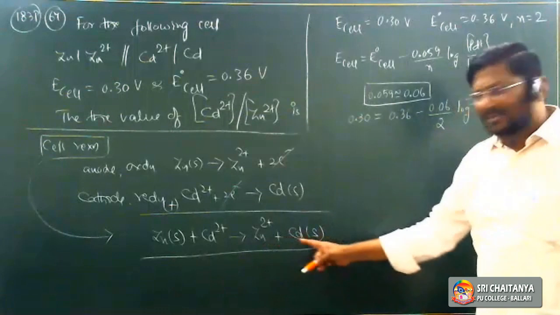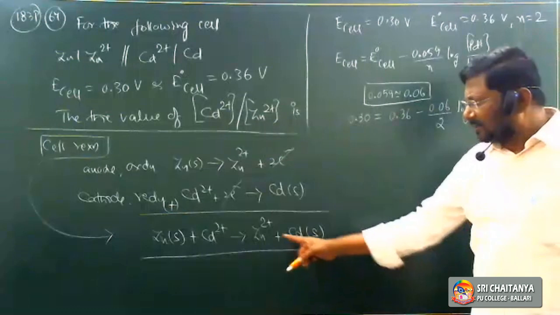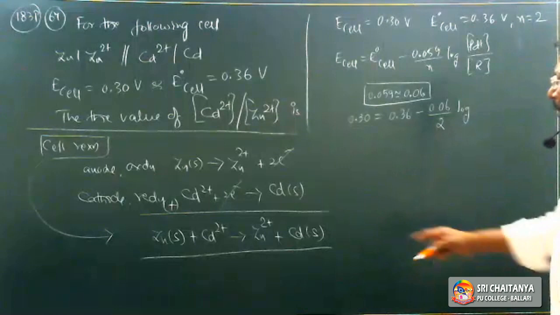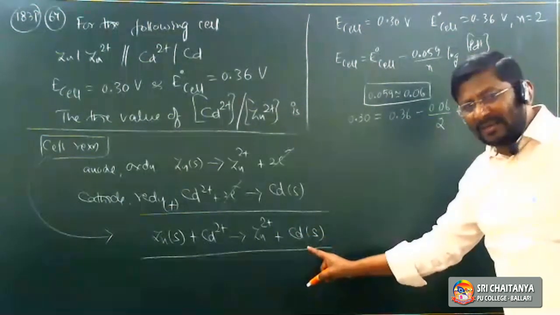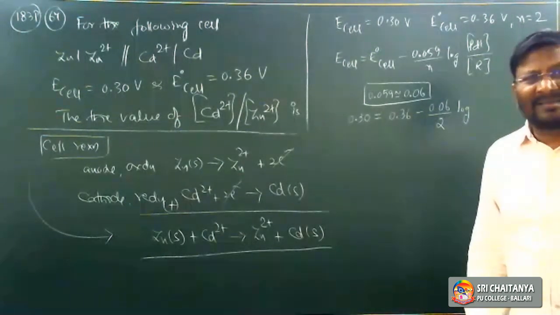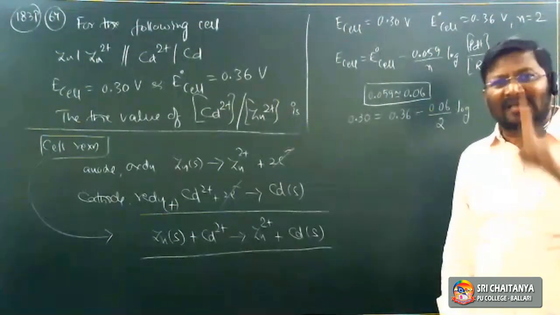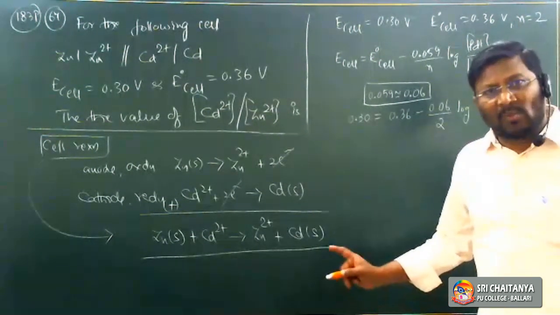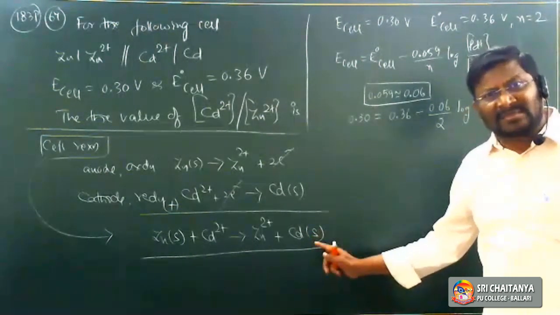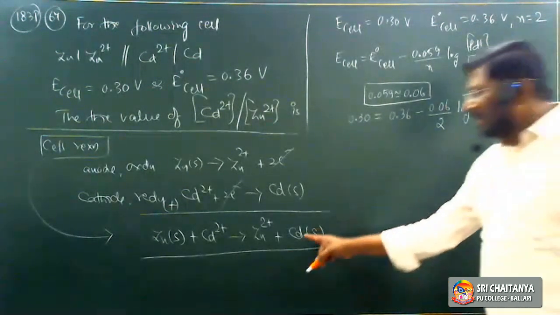Products are like this: Zn2+ and Cd. The Cd is solid, and the active mass of a solid is considered as unity, so we should not consider it.